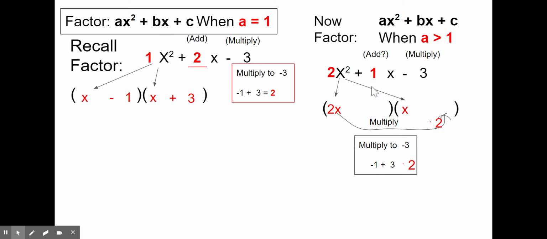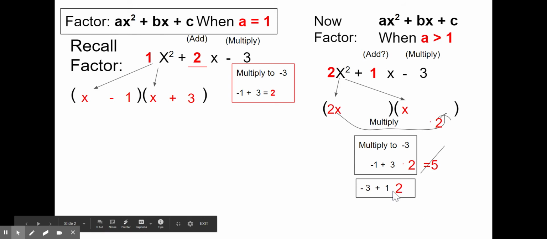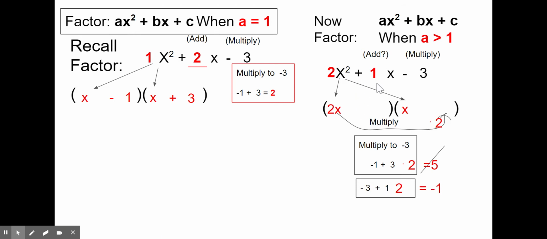Would that give me my desired middle term of positive 1x? Well, 2 times 3 is 6, minus 1 is 5, so sorry, that's not going to work. Let me try something else. What if my two factors were negative 3 and 1, and I multiplied my 2 times the 1? Well, negative 3 plus 1 times 2, that's so close. That gives me a negative 1. I really wanted a positive 1.